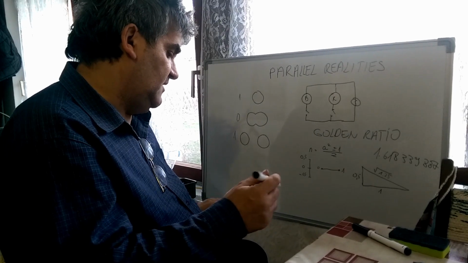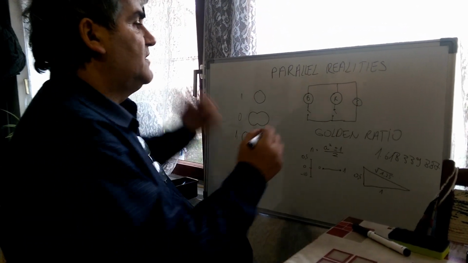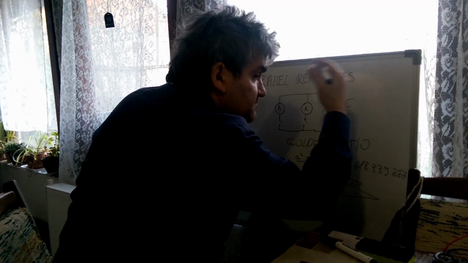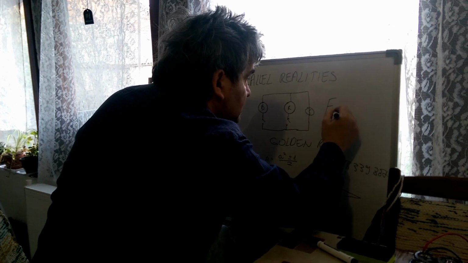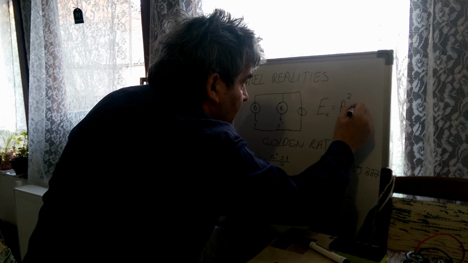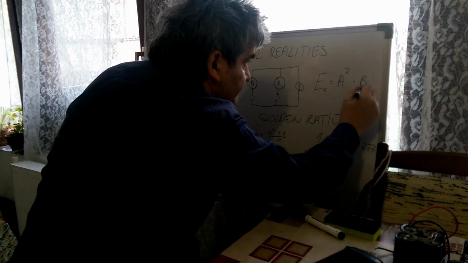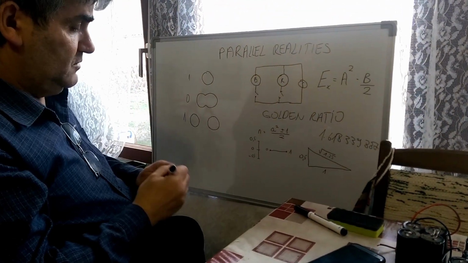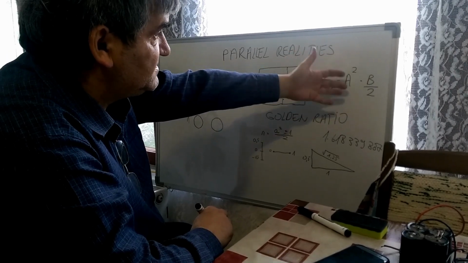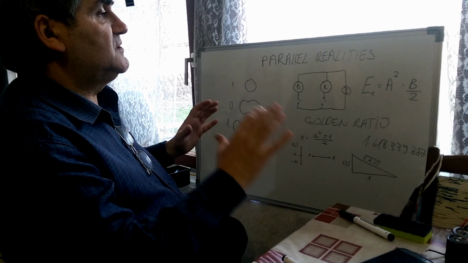If you look at any formula for kinetic energy, no matter which part of physics, it is always like A squared times B over half. It could be the voltage, the current, the mass, the speed, the capacitance, no matter.